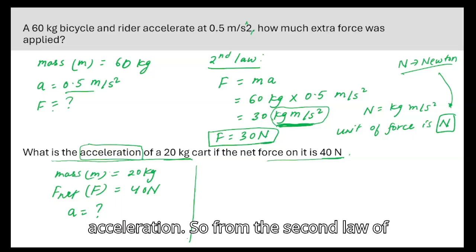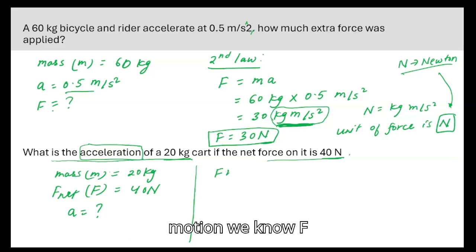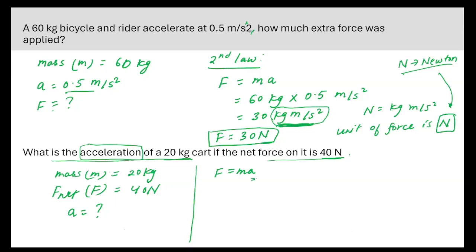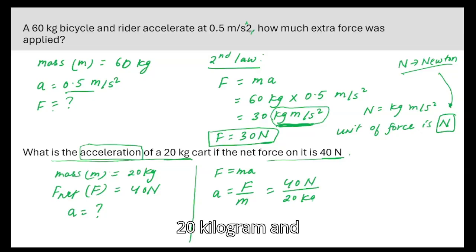So from the second law of motion, we know F equals ma, and now we need to calculate acceleration, so we can isolate a from here, and a will be F over m, and F is 40 Newton over 20 kilogram.